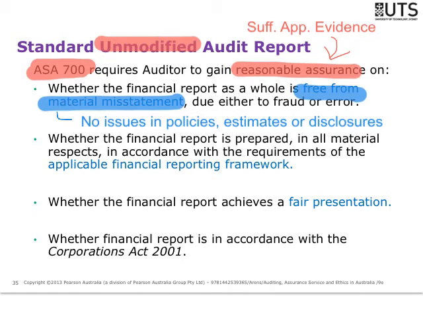Okay, that's what we mean by is free from material misstatement, meaning that we believe that the client used the correct accounting policies, their estimates are consistent with our estimates, and they have the correct amount of disclosures or the right disclosures relating to the financial statements. Okay, that's what we define as free from material misstatement.